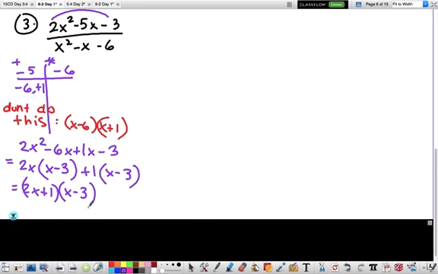Okay, so how many of you, be honest, got to this step right here? Were able to factor that? If you cannot, you need to focus on this skill. This is going to show up again and again. You need to focus on a greater than 1, not equal to 1. So this factors into 2x plus 1 times x minus 3.